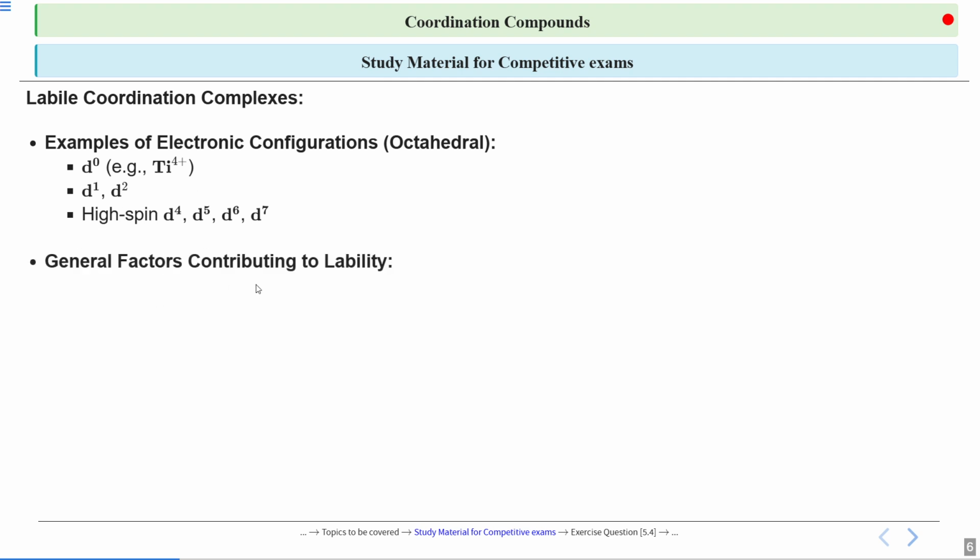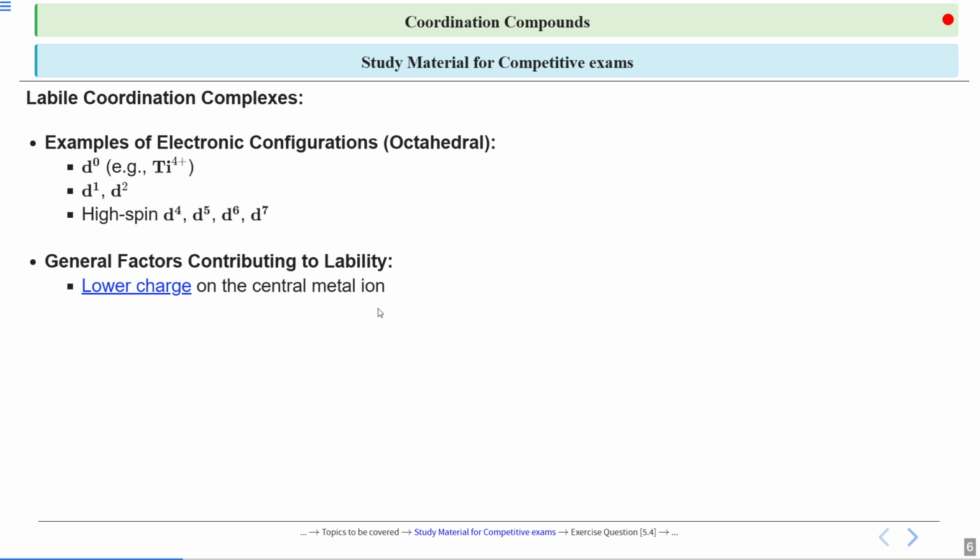General factors contributing to the lability of the coordination complexes. First, a lower charge on the central metal ion. If the charge on the central metal ion of the coordination complex or coordination entity is lower, that means its oxidation state is lower, there will be a larger lability of the coordination complex.